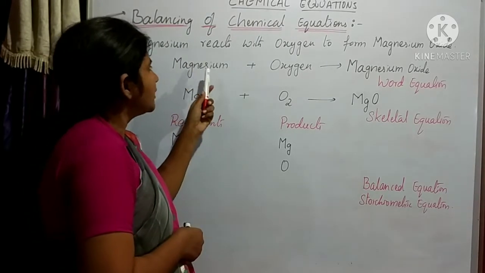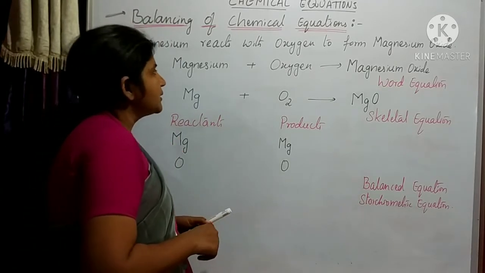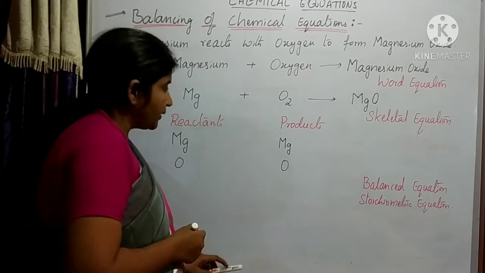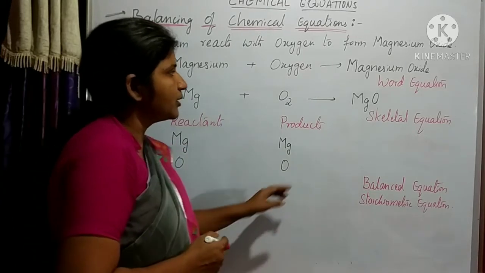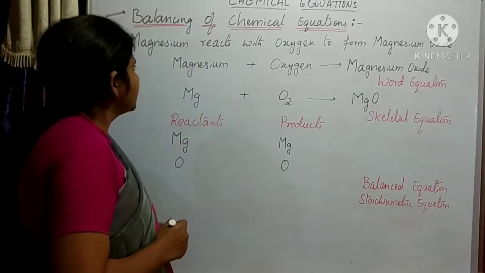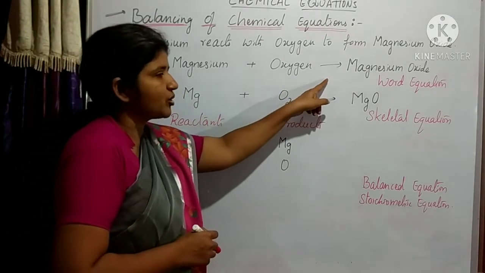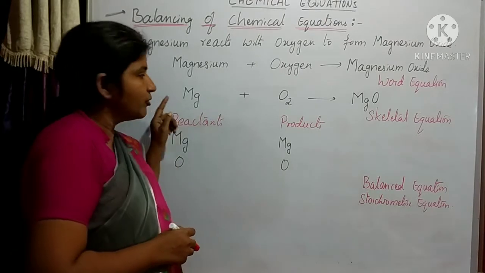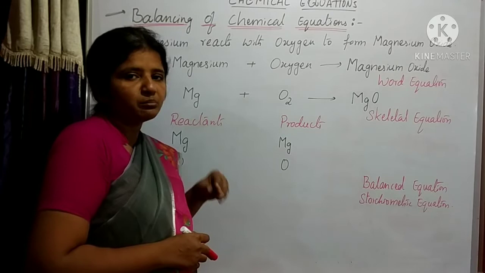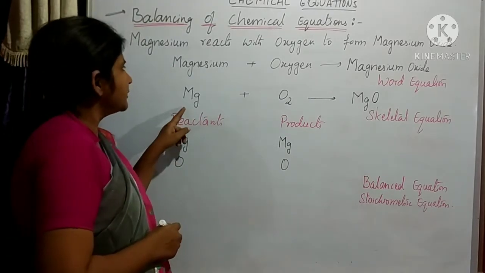Now the reaction is converted to a chemical equation. This equation expressed in words is said to be a word equation. Already I wrote the word equation here. Next, these words magnesium, oxygen, magnesium oxide are converted into formulas or symbols, and using their symbols and formulas we write the chemical equation again.